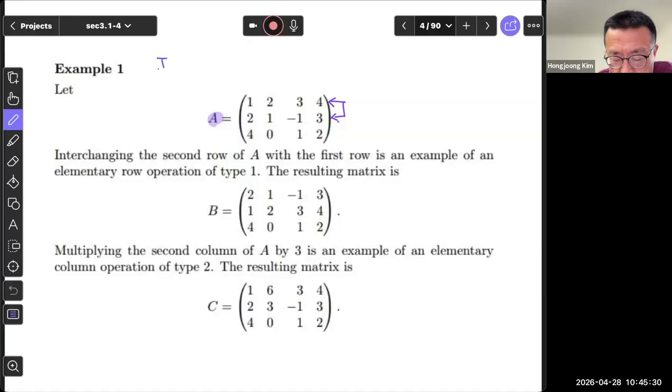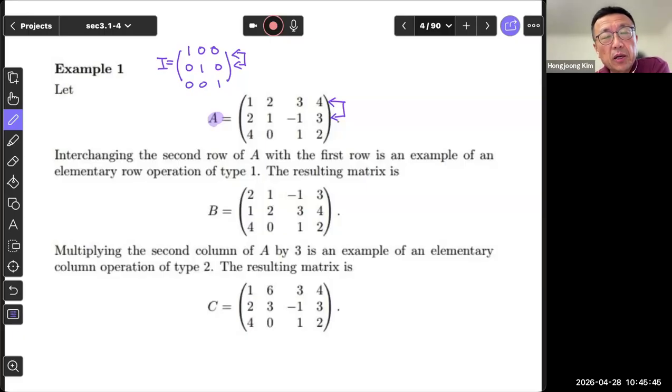Given the 3 by 3 identity matrix, if I interchange the first two rows, the resulting elementary matrix will be 0, 1, 0, 1, 0, 0, 0, 0, 1. So this E is an elementary matrix corresponding to that specific elementary row operation.